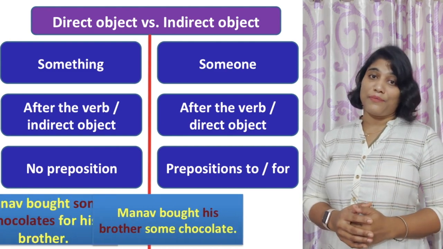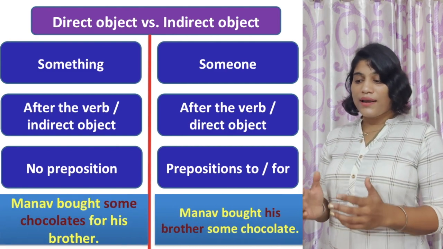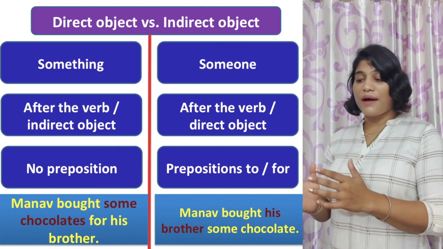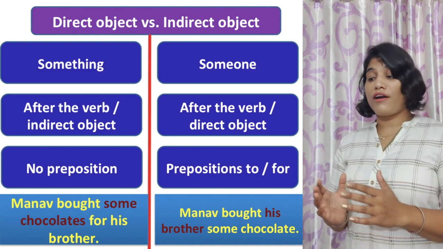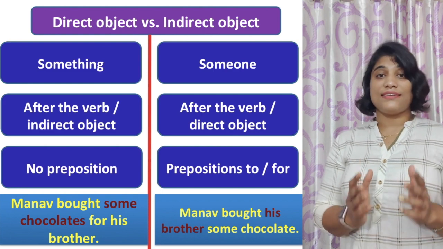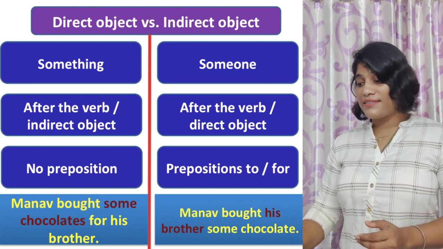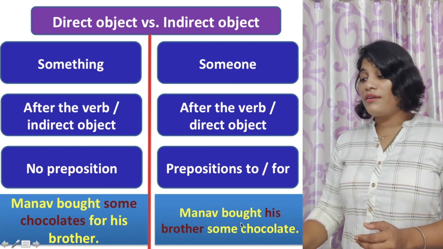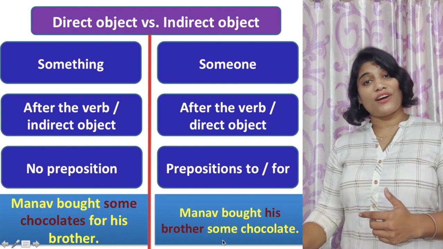Let's see the examples again. Manav bought some chocolates for his brother. Here, some chocolate is the direct object, and for his brother shows the indirect object. And in the second example, Manav bought his brother some chocolate.